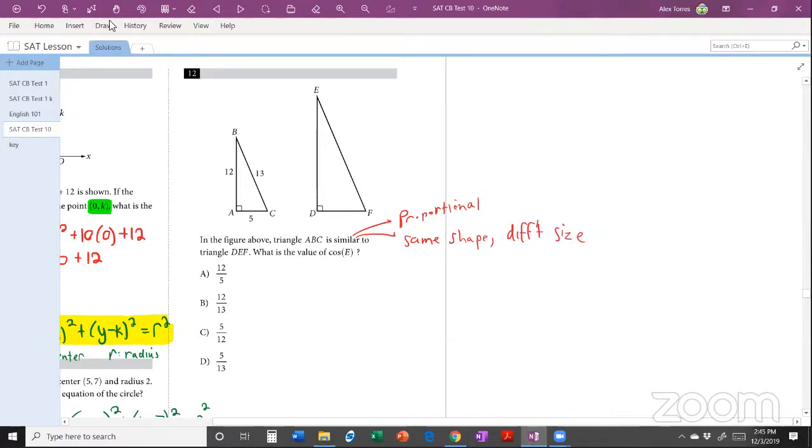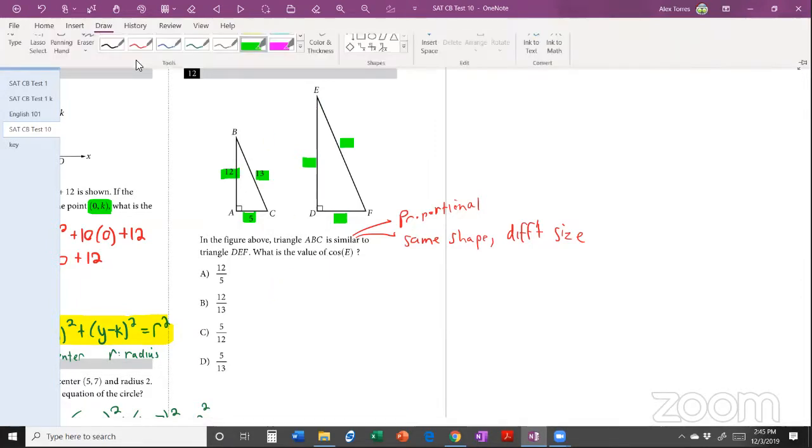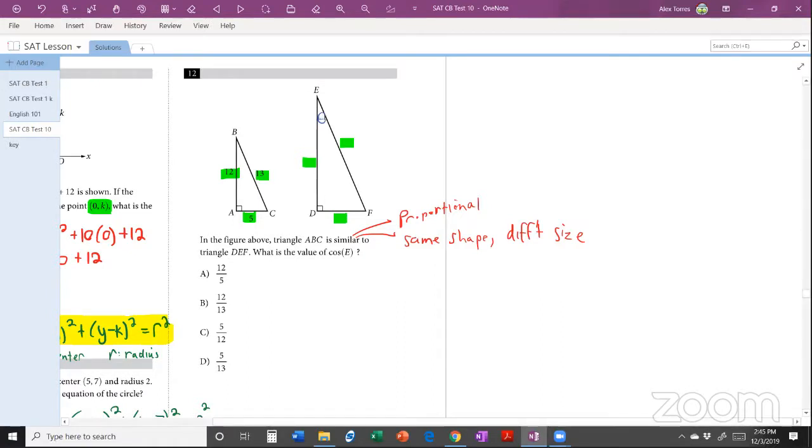But the idea is that if the sides are in proportion of 5, 12, 13, then whatever these sides are, they're going to be in a proportion of 5 to 12 to 13 as well. So whatever is the cosine of E is also going to be the cosine of B because they're proportional, and trig ratios are nothing more than proportions themselves. So whatever we get for the cosine of B, that's going to be our answer.